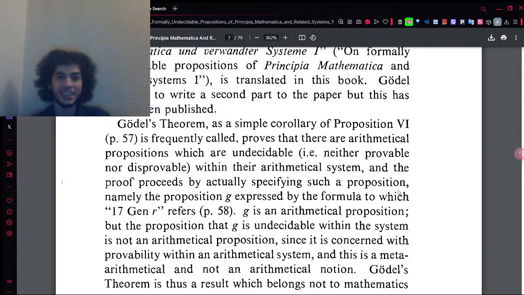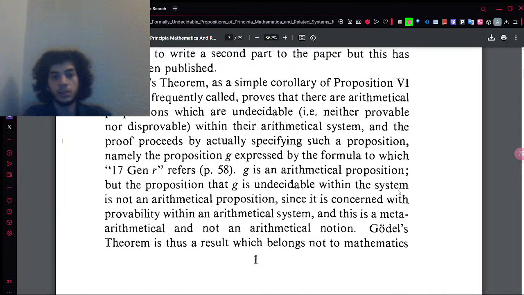Proves that there are arithmetical propositions which are undecidable, i.e., neither provable nor disprovable within their arithmetical system. And the proof proceeds by actually specifying such a proposition, namely the proposition G, expressed by the formula to which 17 Gen R refers, page 58.